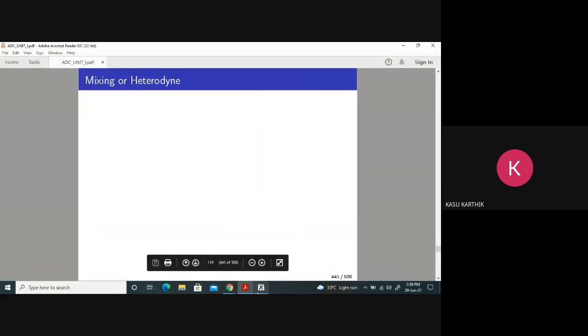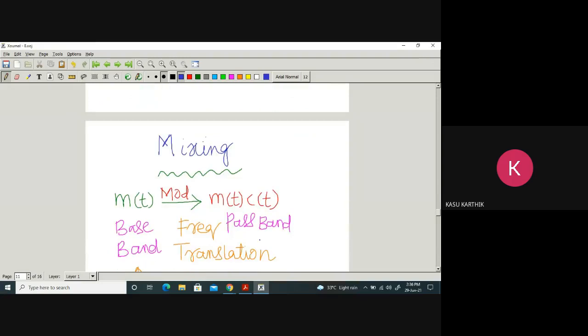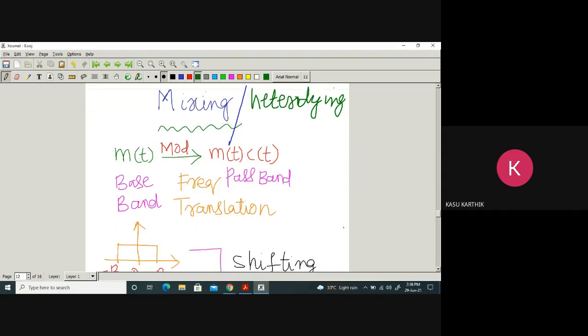Now, let us study something called mixing, or it is also called heterodyning. What is mixing? Let us go with the basics of mixing. So what is modulation generally?